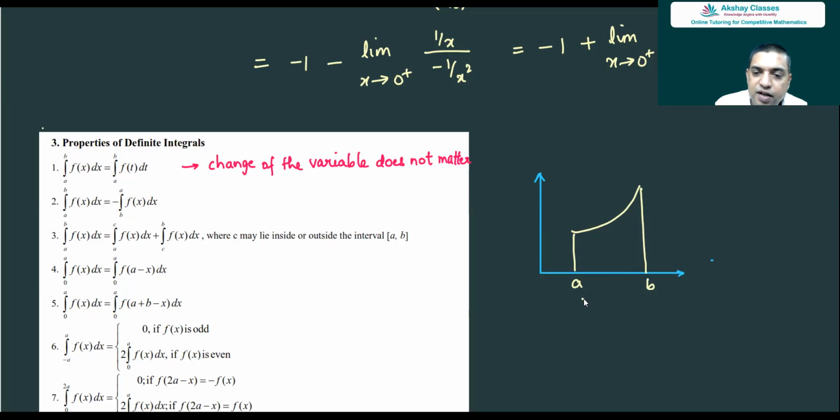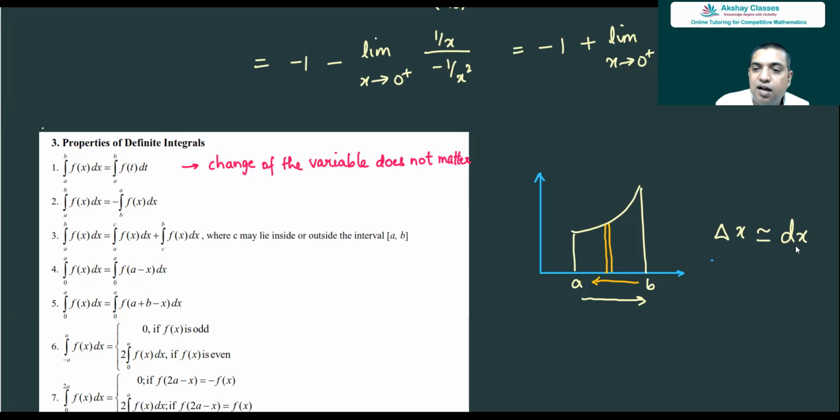The function value is positive, and when we move from a to b, the increment delta x, or as delta x tends to 0, the increment dx will be positive. However, if we move from b to a, then this dx will be negative, because a smaller value minus a larger value is negative.